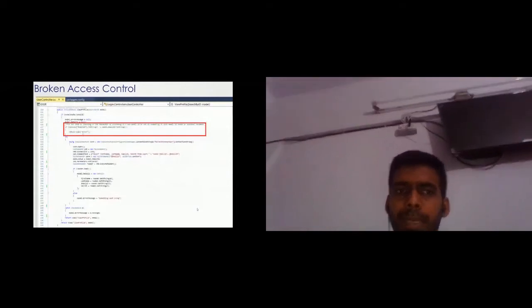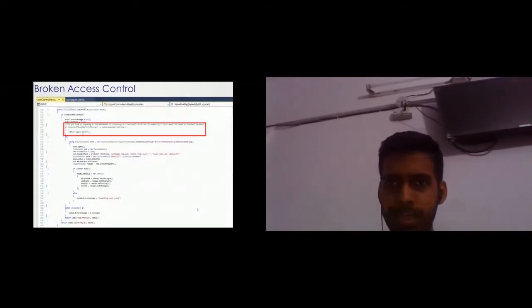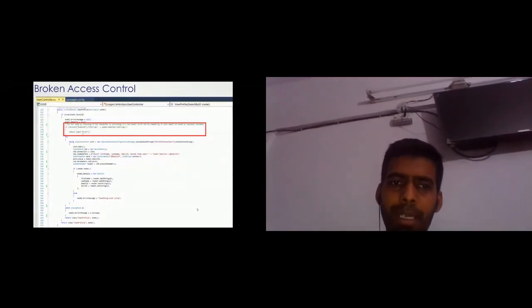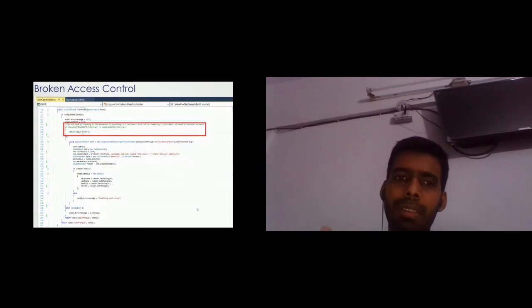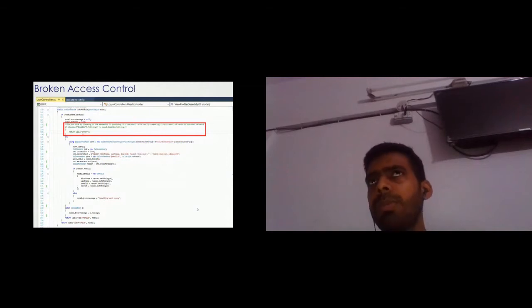Again, back into the code. This code is very similar. In fact, it's a copy of the previous code, and we are looking at the same example here. This function is basically checking the email ID, and based on that, it will return profile information, and a user could view his profile information if he provides his email ID.